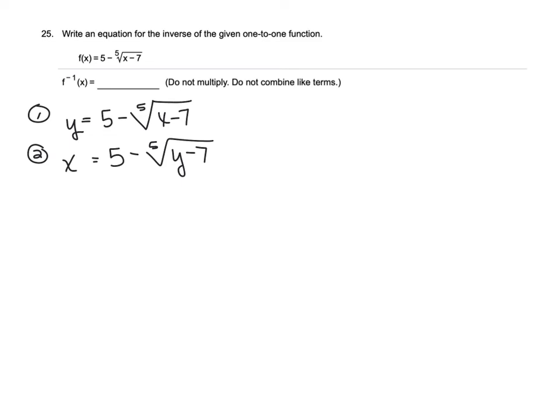So when you have the 5th root, we want to raise it to the 5th power. So we want to get y by itself. So let's clear 5 to the other side. X minus 5 equals negative 5th root. Okay, we want to raise it to the 5th power, but I really don't want to do it with this negative. So let me get rid of that negative. You can think of it as a negative 1.